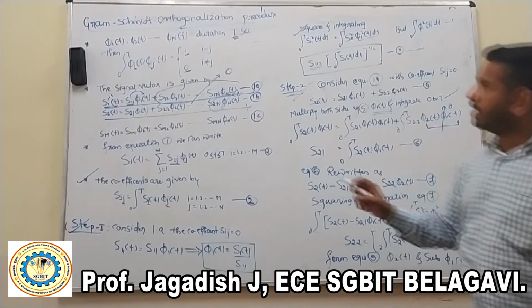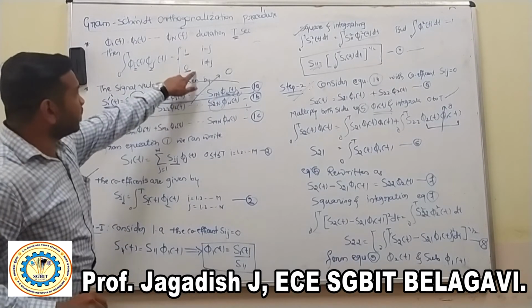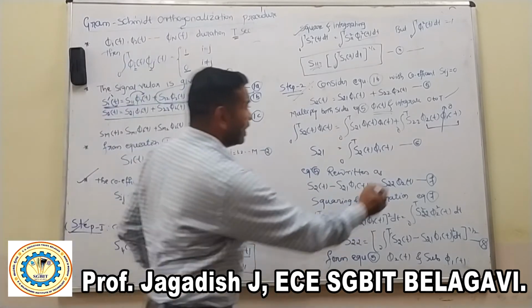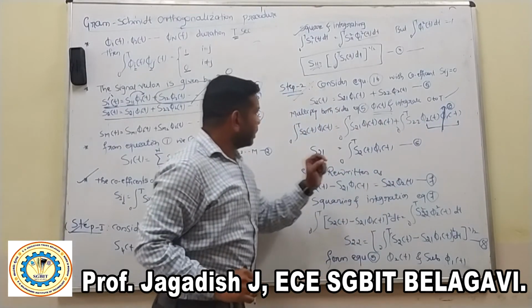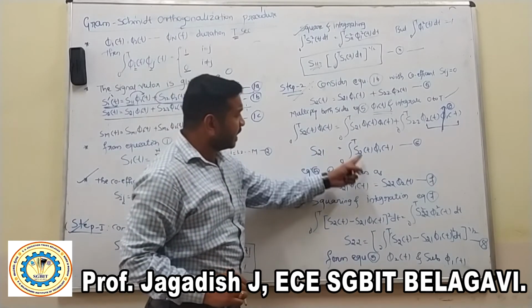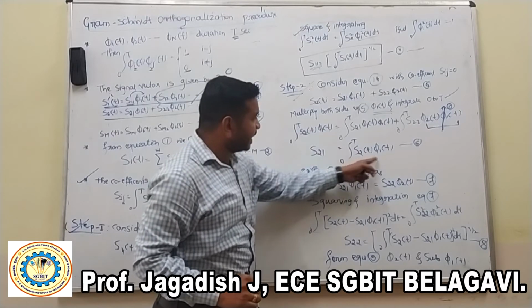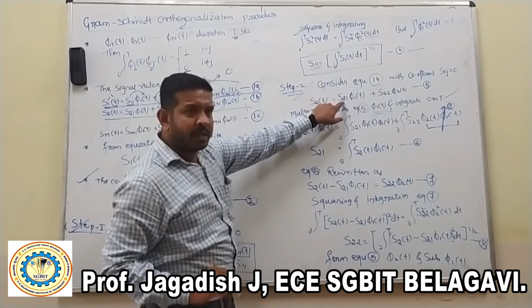As we know, whenever the indices i and j are different, we get 0, so this term is automatically 0. What is the remaining equation? S21 equals integration from 0 to T of S2 of t times phi 1 of t. Here we rewrite this as equation number 5.